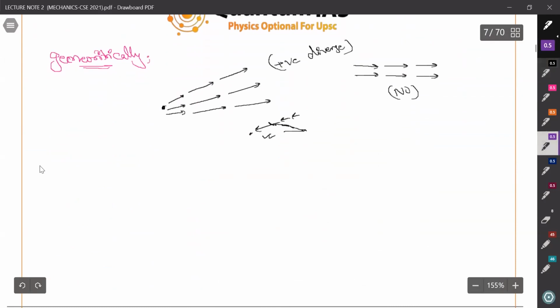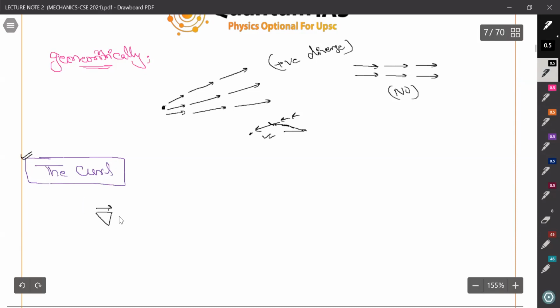Okay, next, the curl. Here also we are writing the mathematical relation only. It works simply like the cross product, as we have discussed, with i cap, j cap and k cap.